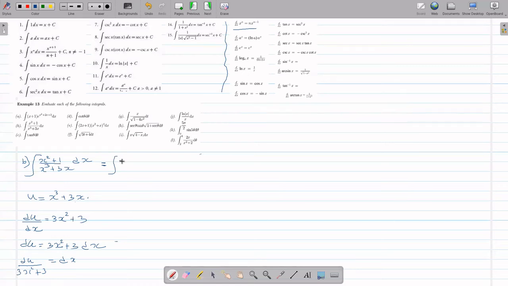Okay. So this x squared plus 1, I keep it as it is. This part is directly u, the denominator.